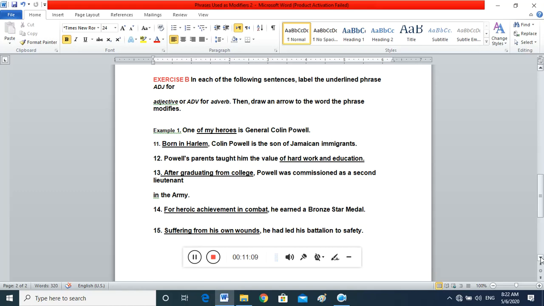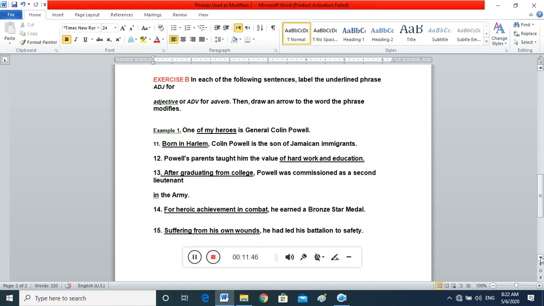Number 12. Powell's parents taught him the value of hard work and education. Of hard work and education is the prepositional phrase. This phrase describes the word value. The word value is a noun, so the underlined phrase acts as an adjective. Draw the arrow to the word value.